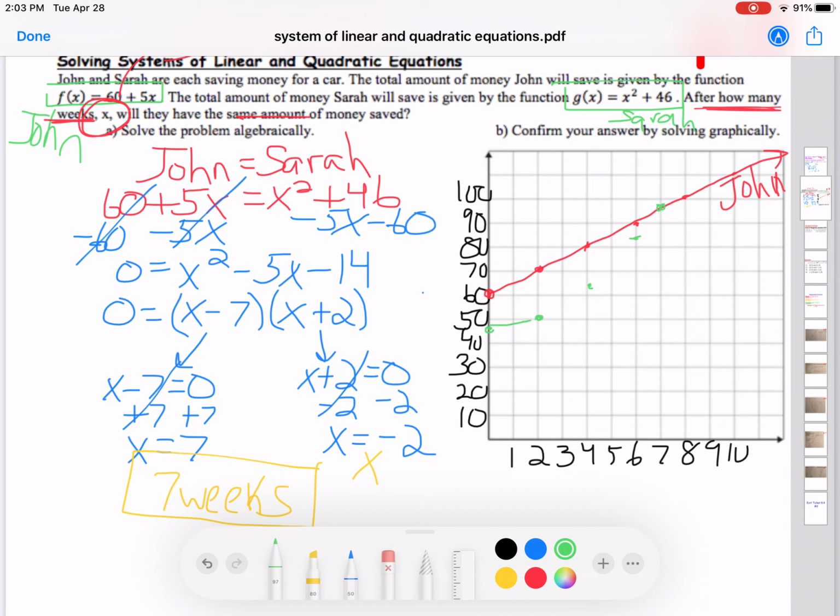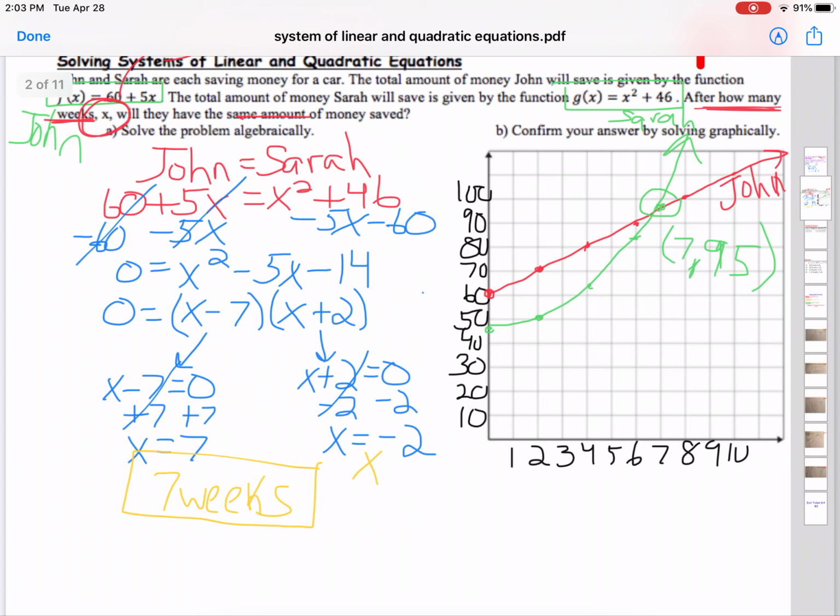And you can feel free to plot as many points as you'd like. The more you plot, the better. But again, we know here by looking back at the graph that we had that they crossed at 7,95, which tells us that after 7 weeks, they both have $95 saved.